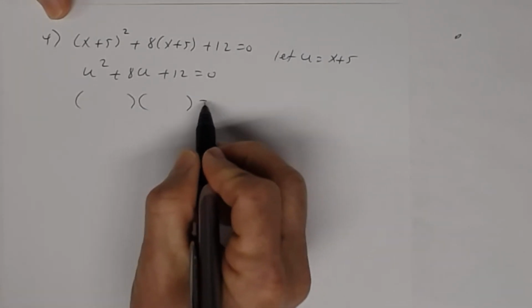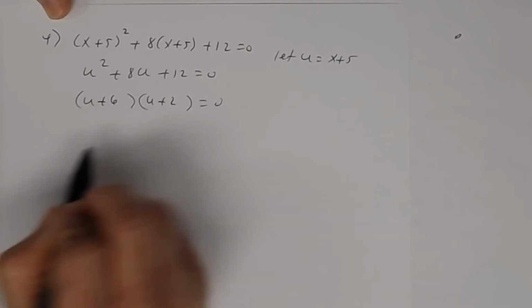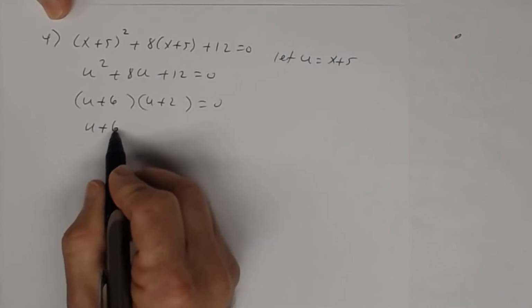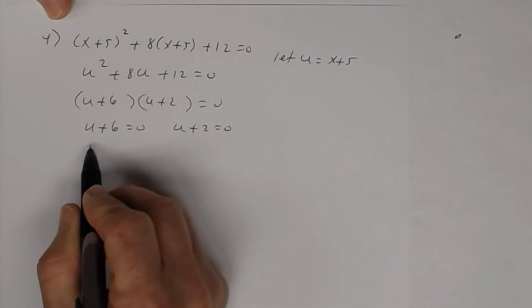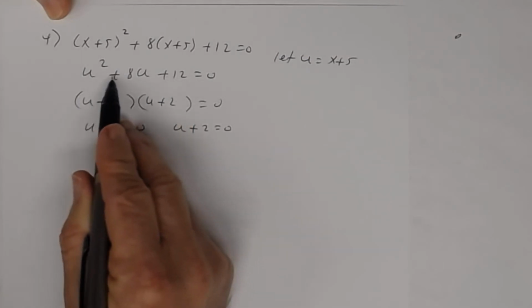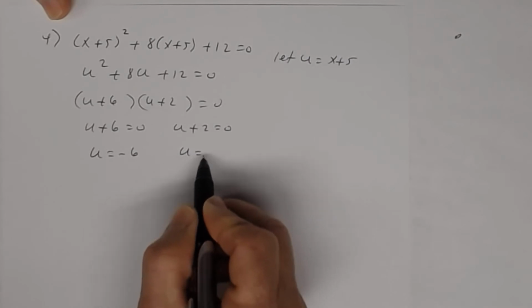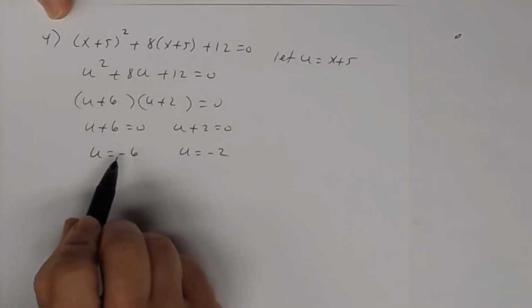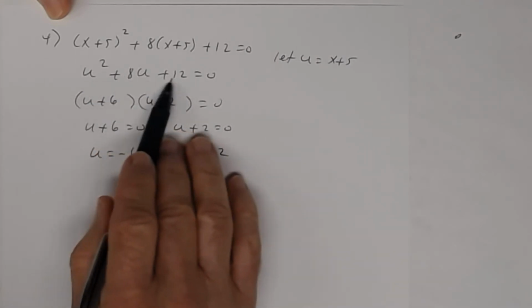Factoring. When I factor this, I get u plus 6, u plus 2. That's what works. Then setting each factor to 0 using the zero factor property, I then get the solutions for this equation here with the variable u to be negative 6 and negative 2. All right, but remember, the negative 6, negative 2 are solutions to the quadratic equation with a variable u.